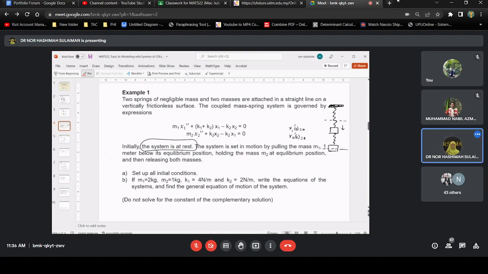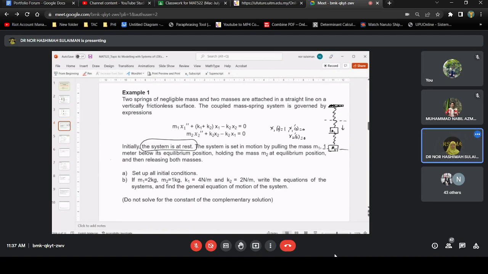And then X1 at t equals 0 equals what displacement? This is X1, this is M1. One meter below its equilibrium position, what does that mean? Positive or negative? Below the equilibrium position, it is positive. If it is above the equilibrium position, it is negative.